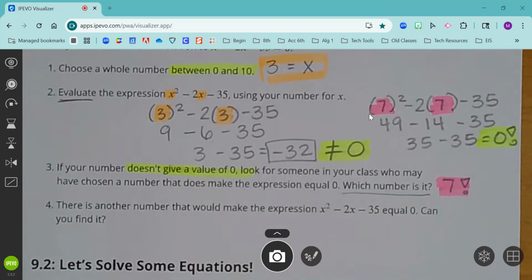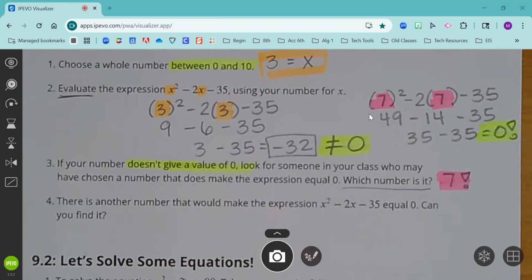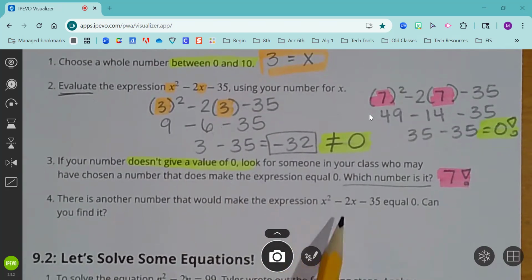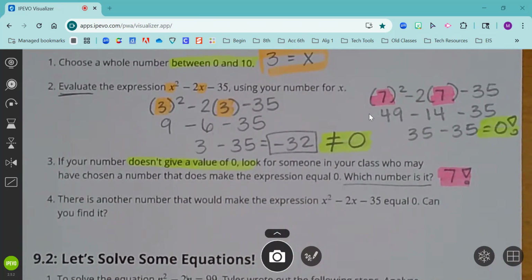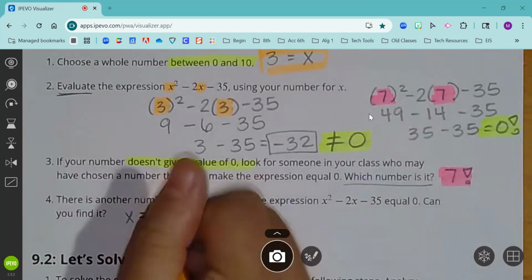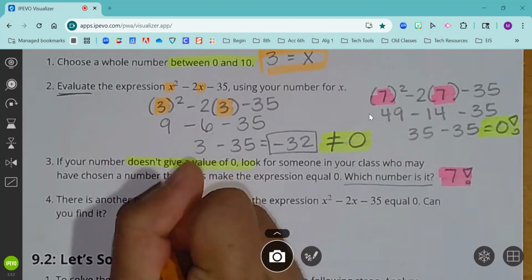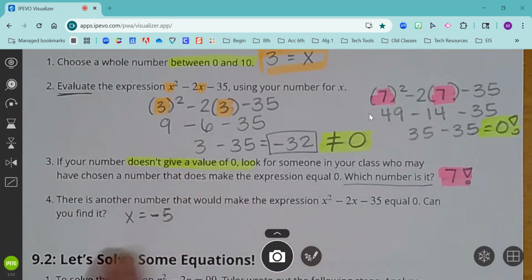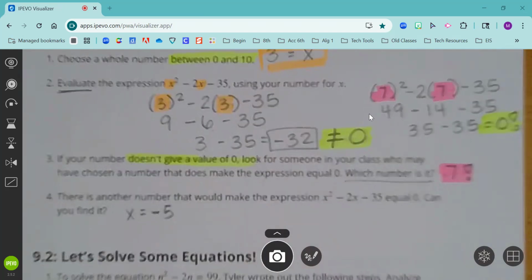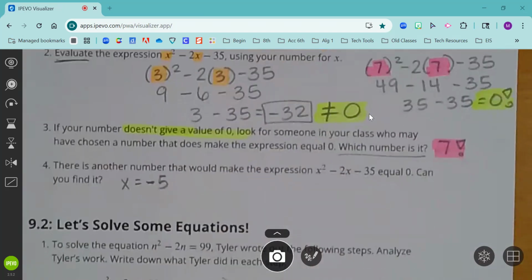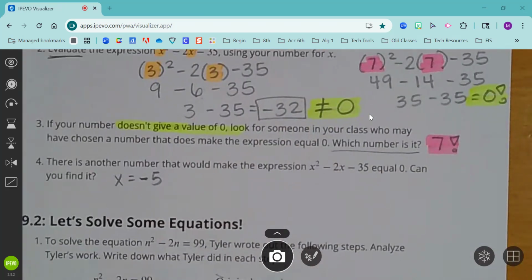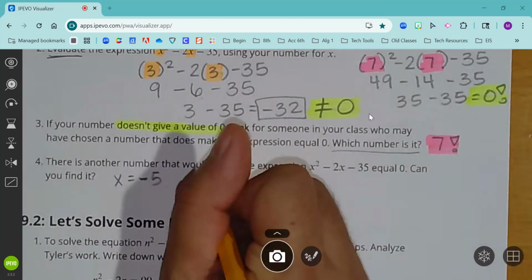There is another number that would make the expression x squared minus 2x minus 35 equal to 0. Can we find it? Well, it happens to be -5. So let's just double check to see if it's -5. It's not between 0 and 10, but some of our answers could be negative numbers. In this case, x equals -5 could possibly be our other one.